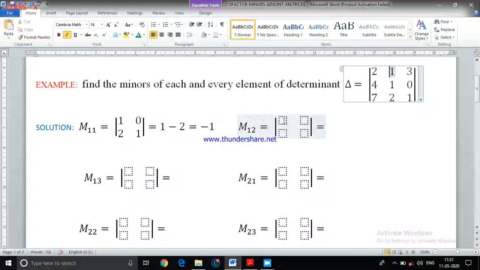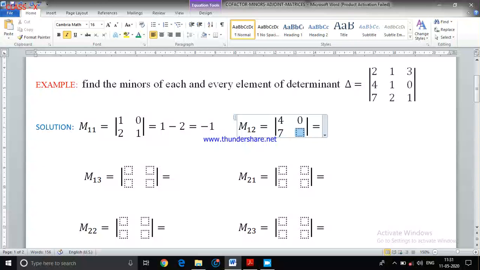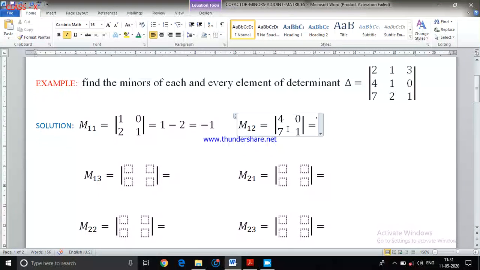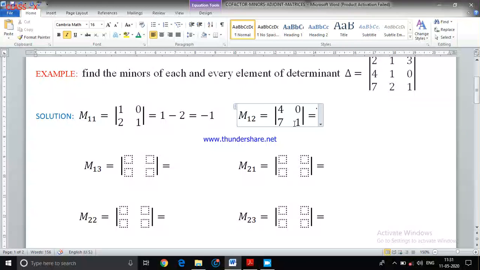So I'll write here 4 0 7 1. Okay, now if I find the determinant of 4 0 7 1, 4 into 1 is 4 minus 7 into 0 is 0. So that equals 4. Okay, so the minor of a12, that is the minor of 1, is 4.